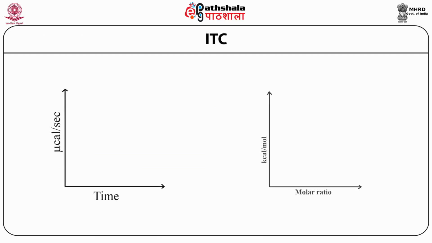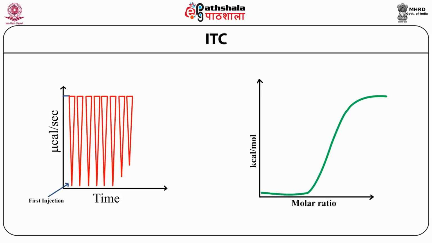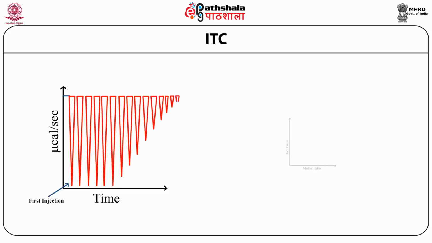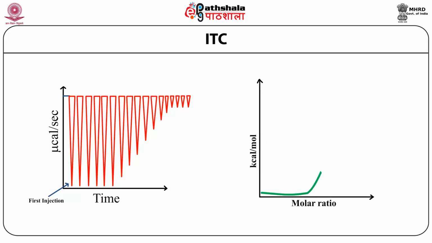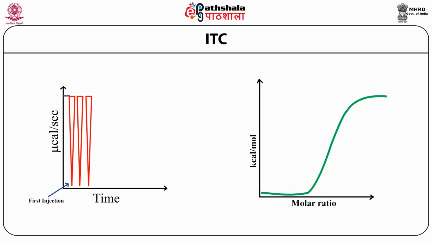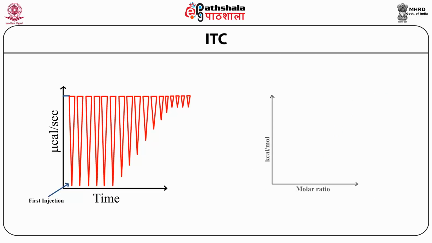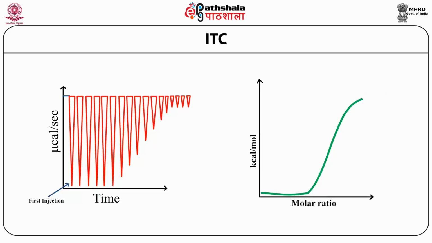The left hand side shows you a typical thermal profile obtained from an isothermal calorimeter. On the y-axis you have microcalories per second, and on the x-axis it is time. So basically in isothermal calorimetry, we add ligand to the protein solution after a particular interval.